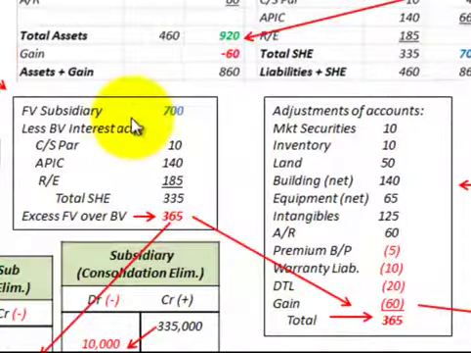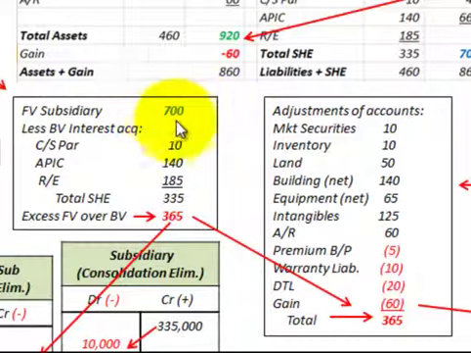Okay, so looking at our distribution schedule for this gain, the fair value of our subsidiary was $700,000. That was the common stock that we issued to Corporation B for their assets and liabilities. And then we subtract out the total shareholders' equity of Corporation B, which still remains at $335,000.